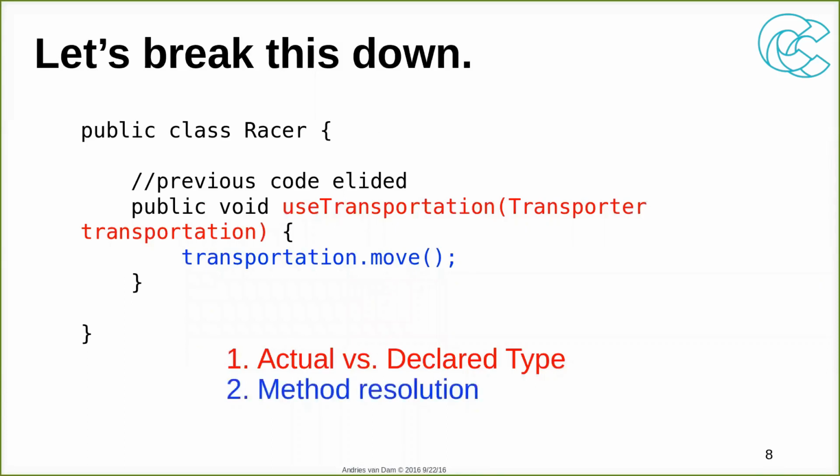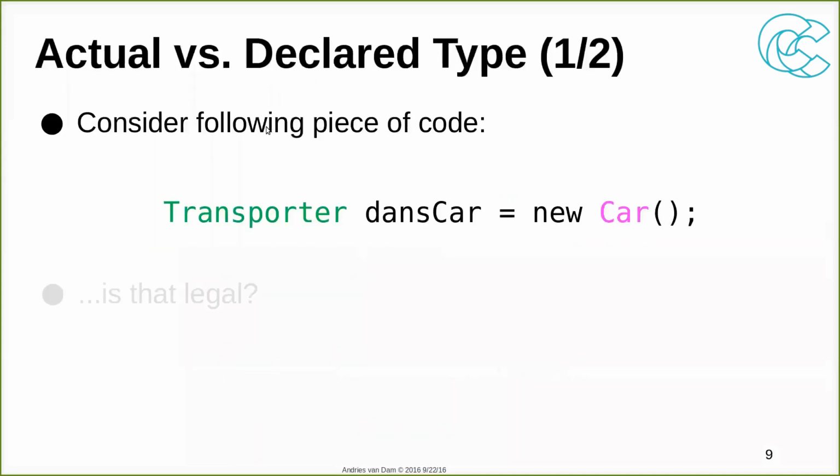Yeah, this is the one. Racer has one method, which is use transportation. So underscore Sophia, underscore Dan, or whatever, are all instances of the racer class. Okay, sir. Thank you, sir.